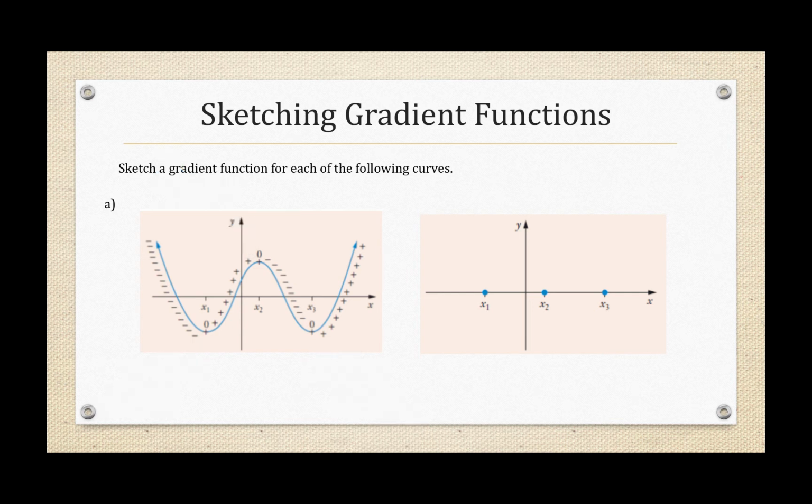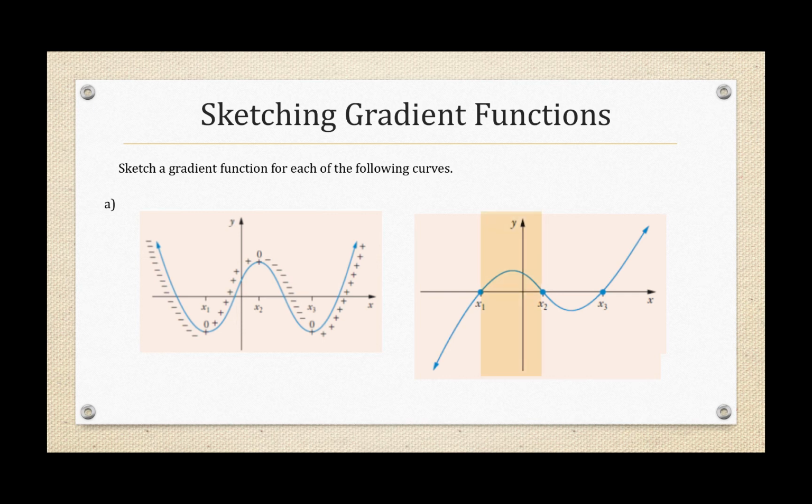So what you can see here on the right hand side, I've put in the 3 stationary points. That is where it will equal 0, because that is the value of the gradient. I've then drawn the curve so that it has a negative y value prior to x1, because that is where the gradient is negative.